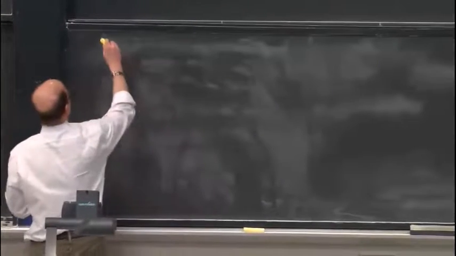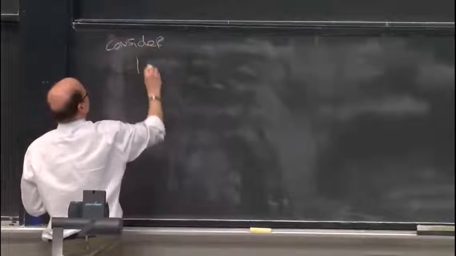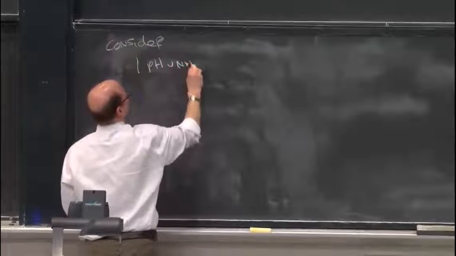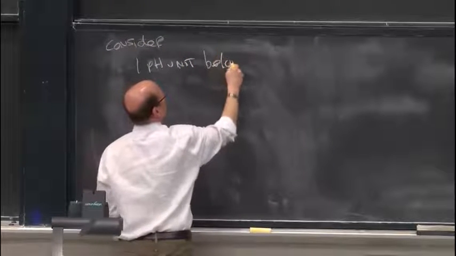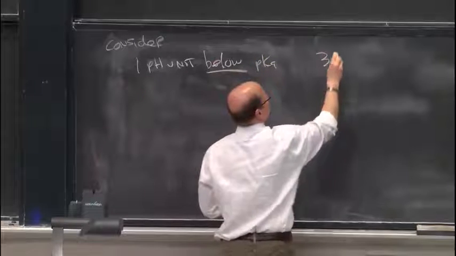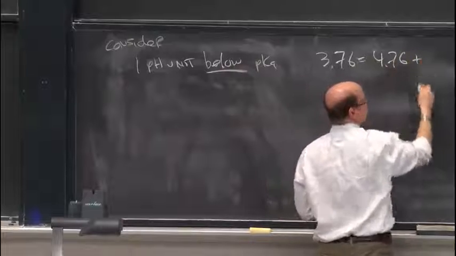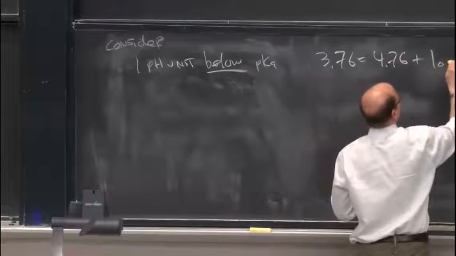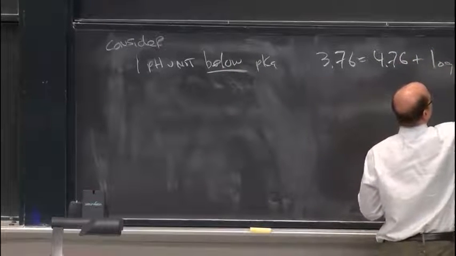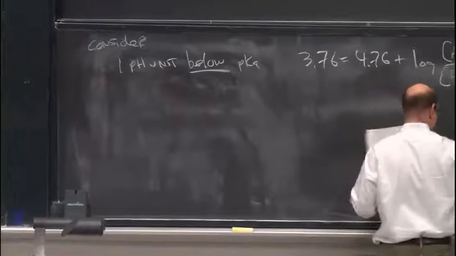Let's do one more example. Consider 1 pH unit below the pKa. That means my pH is 3.76. That must equal 4.76, the pKa of acetic acid, plus the logarithm of the acetate anion concentration divided by the undissociated acetic acid.